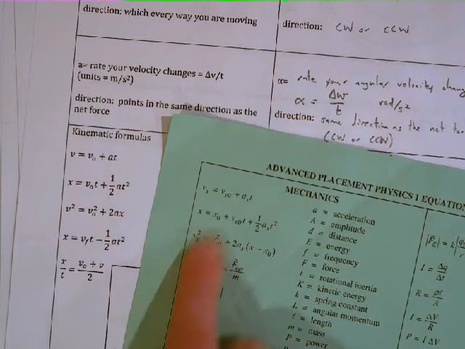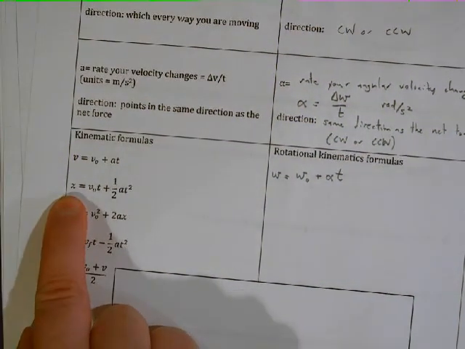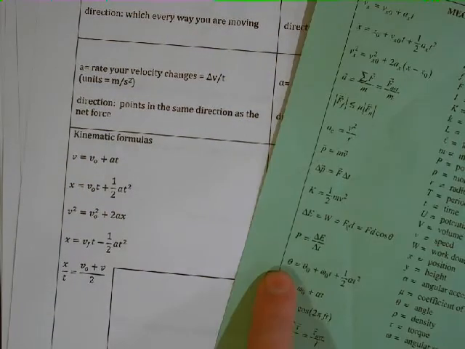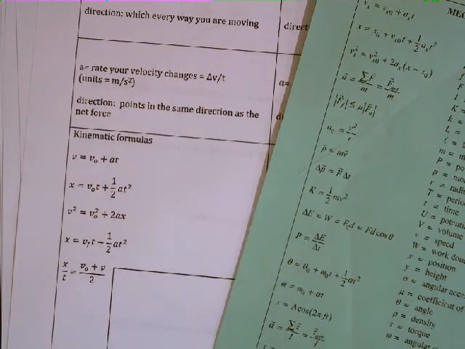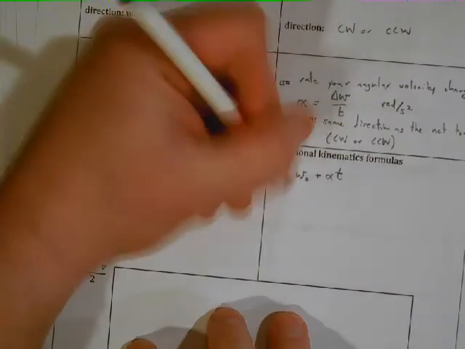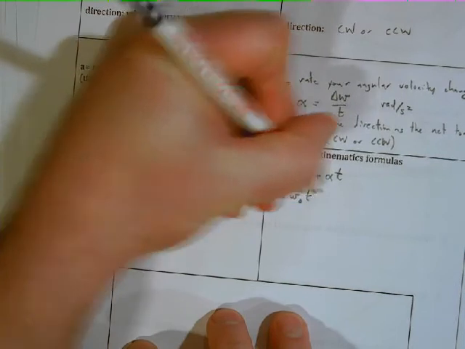Now remember, on your formula sheet it's really x minus x0 because they're saying position, where we said x is just displacement because I think it's easier. So we're going to do the same thing here. You'll notice on the formula sheet they're going to have theta and theta 0 because they're talking about initial angle and final angle, but we're going to just say angular displacement.